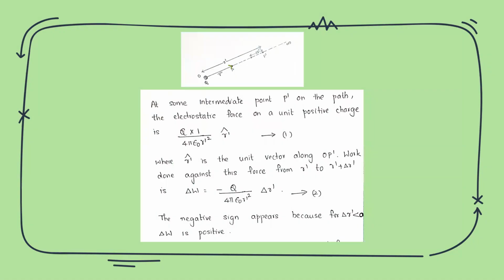Now, coming to the derivation, let us take it in a simple manner. It is not a complicated derivation, a very simple one. Before calculating the whole work done from infinity to the point P, first let us start with the work done for a small distance. I'll just give you an example.